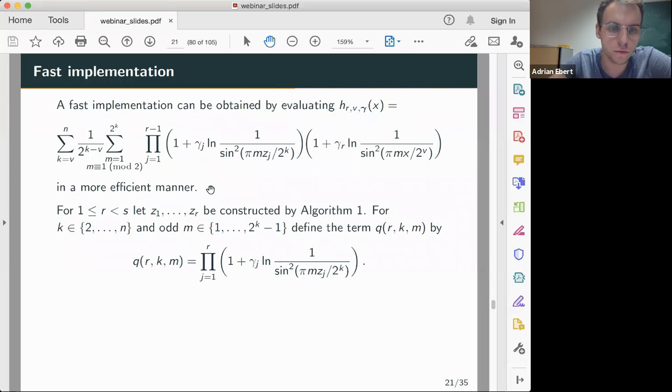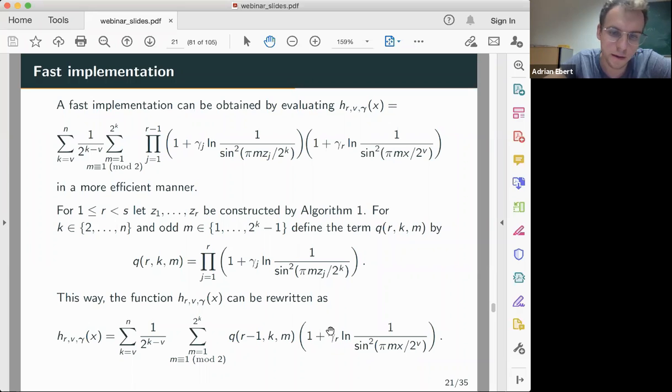So what we do is we define this term q, which is this factor here, and save it. This way we avoid having to compute this for each m and for each r as well.